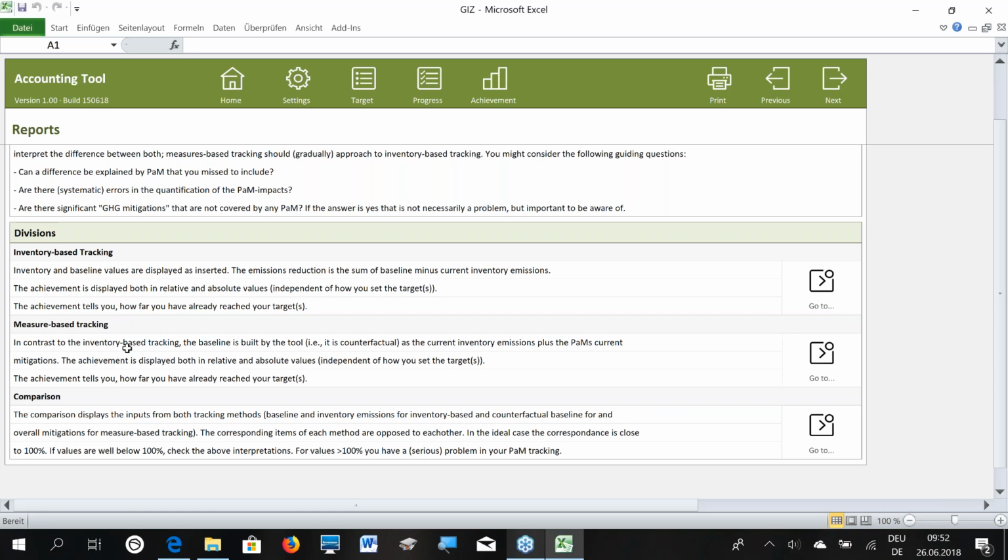It would be a decision by the user whether to apply the second tracking as well. And there is also some important information on how to interpret the information of each instrument, and these interpretations appear in the guide again. And here's a short summary in the tool as well.